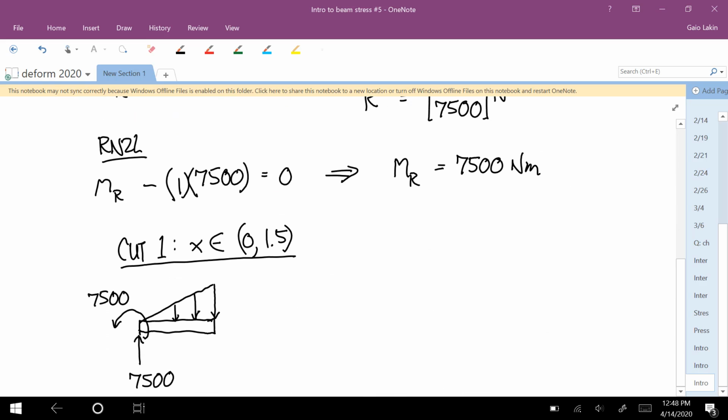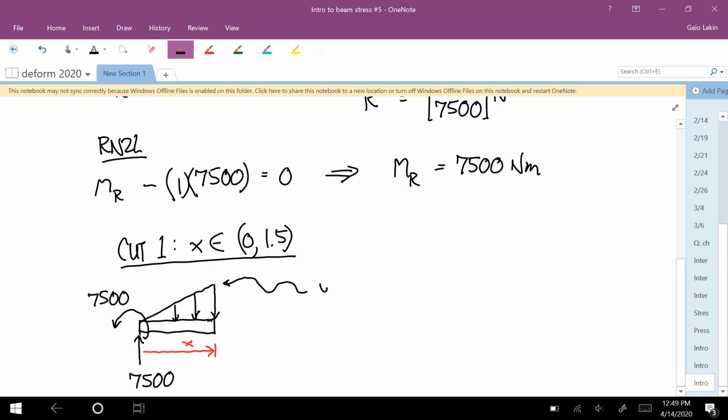How high it gets depends on what this x is. And so we can come up with what the height of this is for a given x. This is our x location.